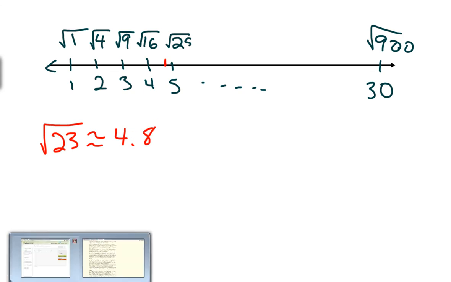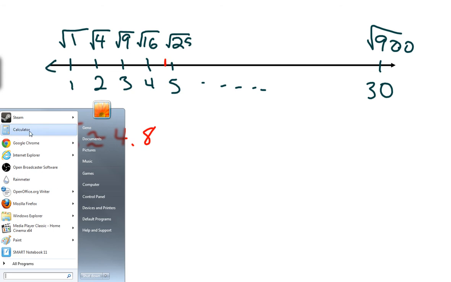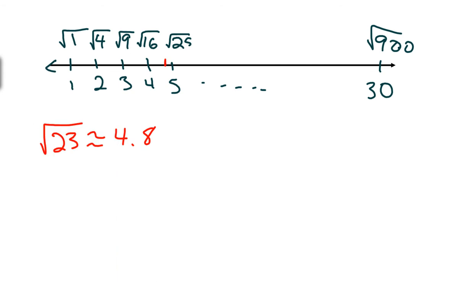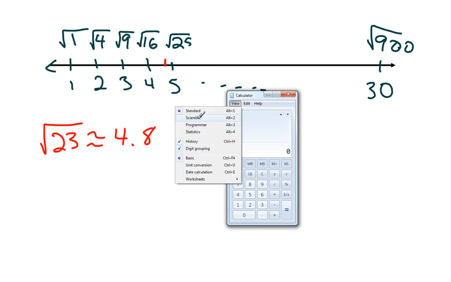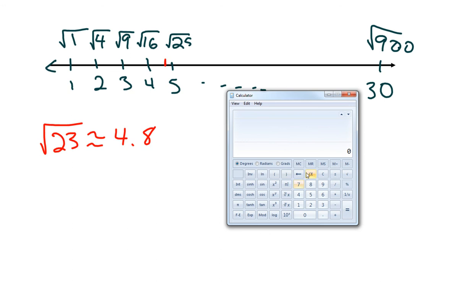And we can check that. I don't have a square root button on this calculator right now. Shoot. Oh, there it is. Okay, so the square root of 23. We get 4.79583, and we notice this isn't going to end if we kept going.